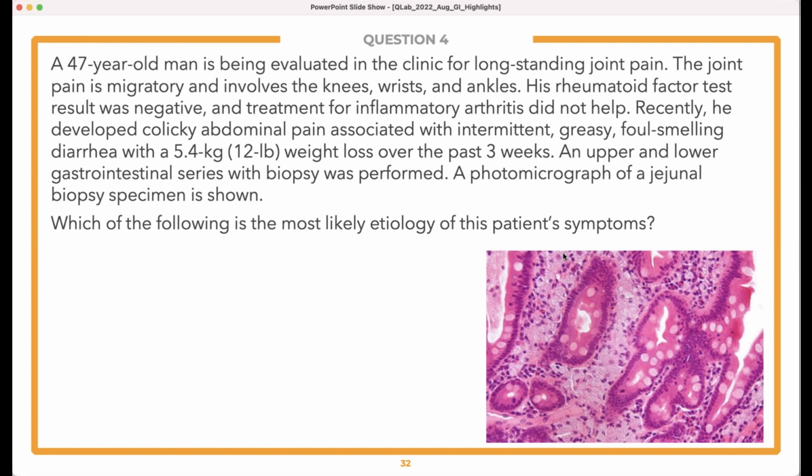His rheumatoid factor test result was negative, and treatment for inflammatory arthritis did not help. Recently, he developed colicky abdominal pain associated with intermittent, greasy, foul-smelling diarrhea with a 5.4 kilogram weight loss over the past 3 weeks. An upper and lower gastrointestinal series with biopsy was performed. A photomicrograph of a jejunal biopsy specimen is shown. So again, the question: which of the following is the most likely etiology of this patient's symptoms?